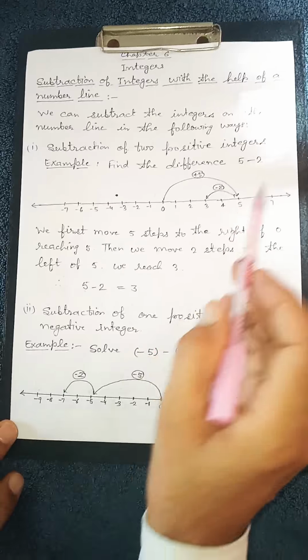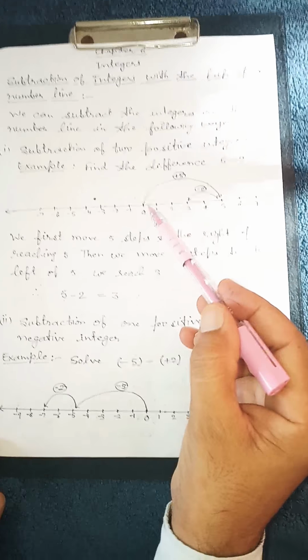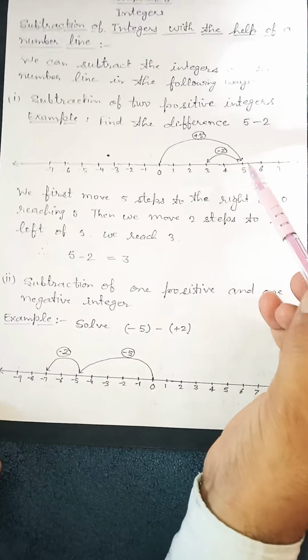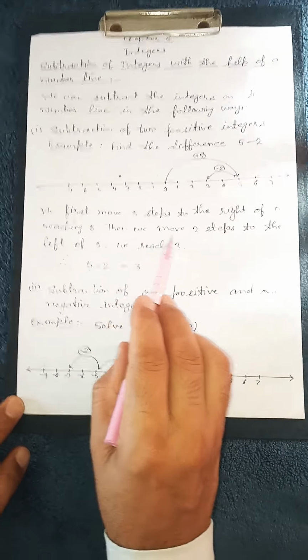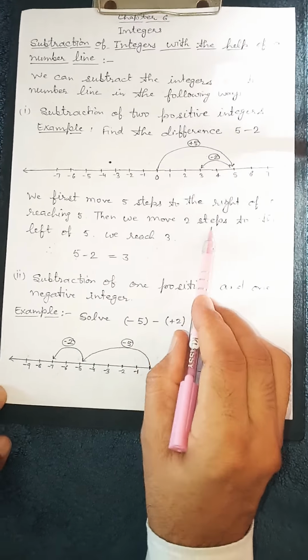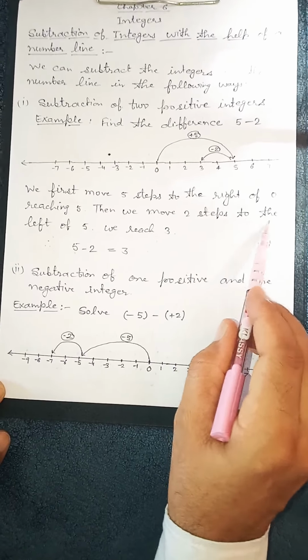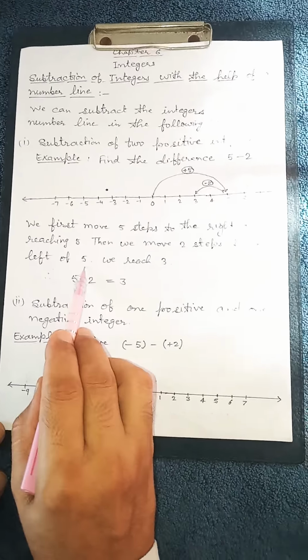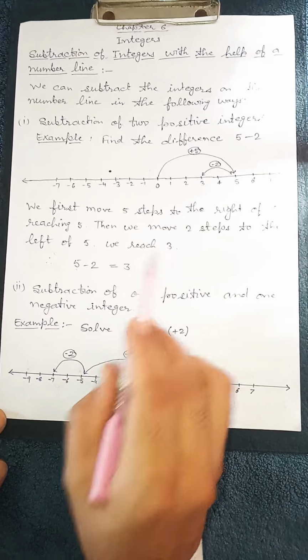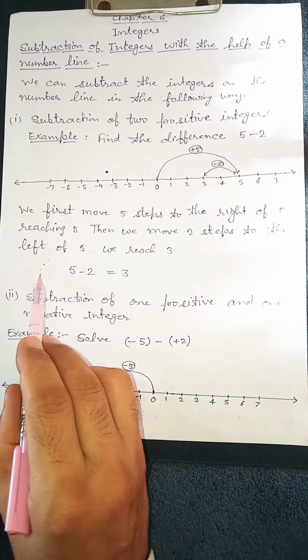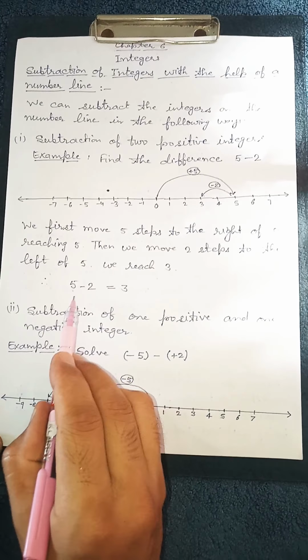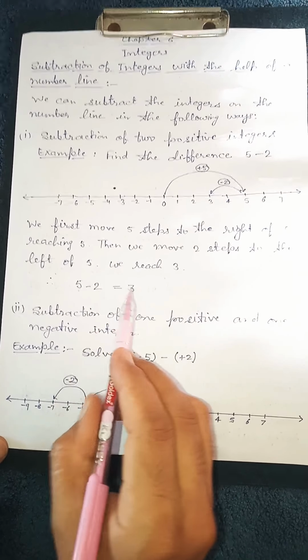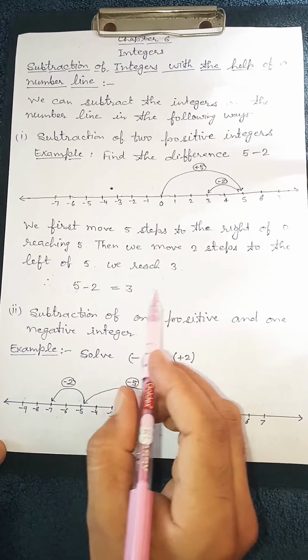When we move 5 steps to the right of 0, we will reach 5. Then we move 2 steps to the left of 5, we reach 3. Therefore, 5 minus 2, it is 3.